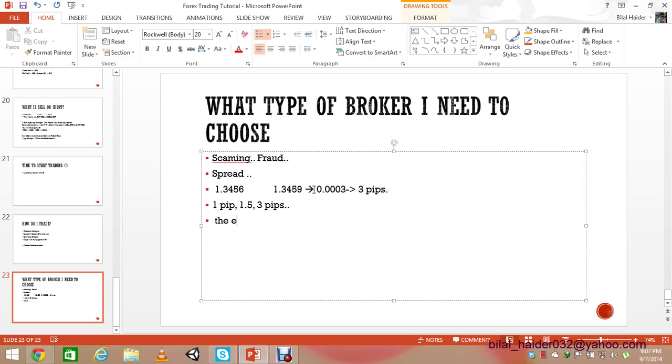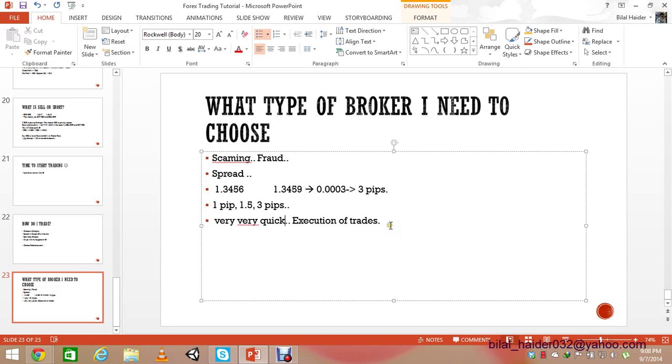When you try to open a buy trade, how much time it takes to place that trade needs to be very quick, very quick execution of trades.